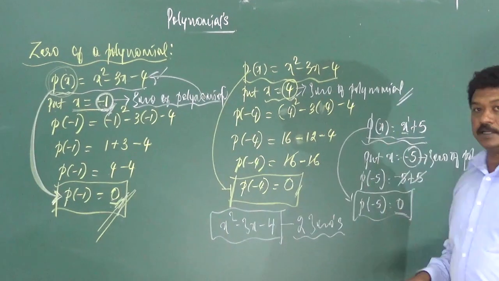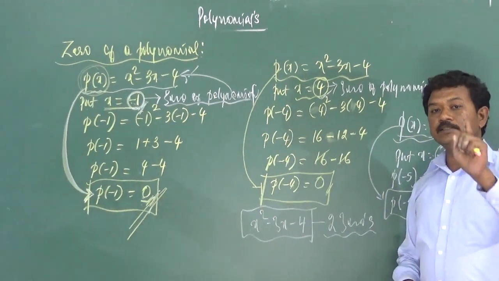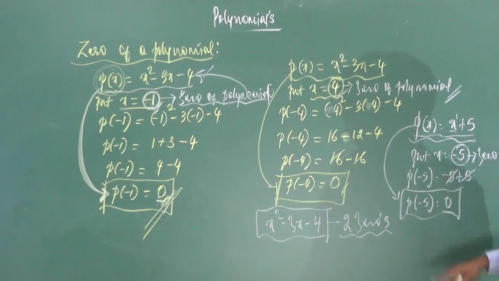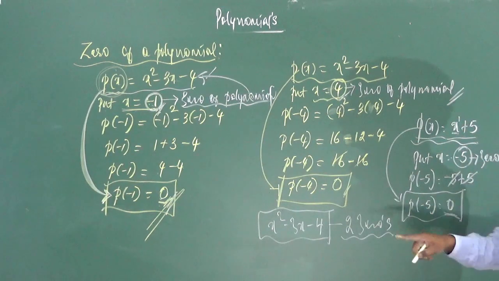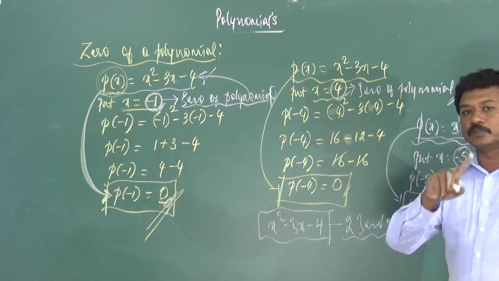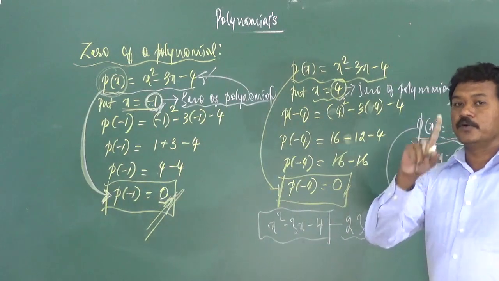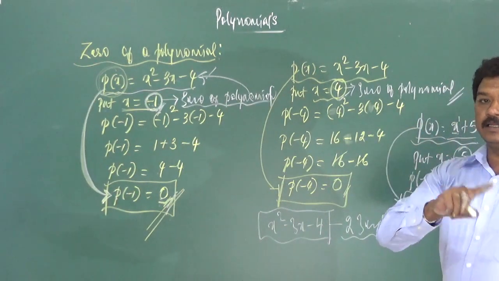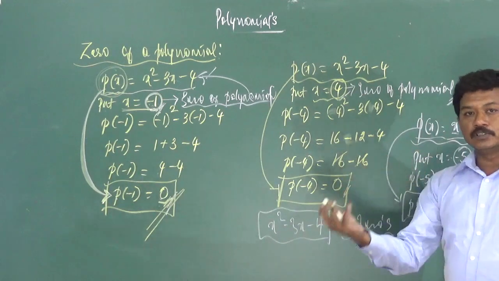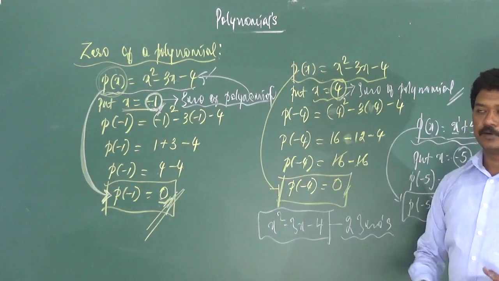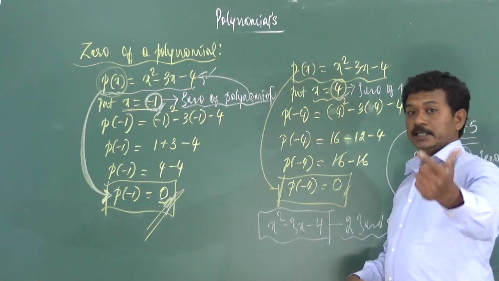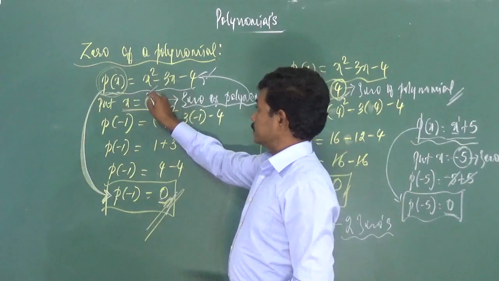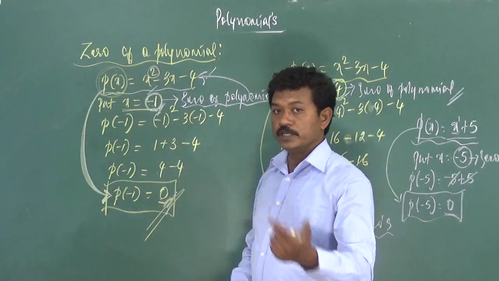For a linear polynomial, only one zero exists, because the degree of the variable here is equal to 1. So for a linear polynomial, at most there is 1 zero, or a linear polynomial can have no zeros also. So why do we have 2 zeros in a quadratic polynomial? You can easily guess. The variable has the highest degree as 2 here.